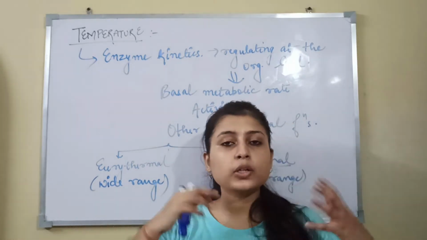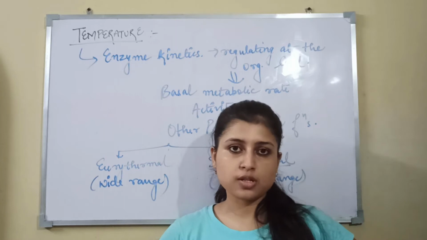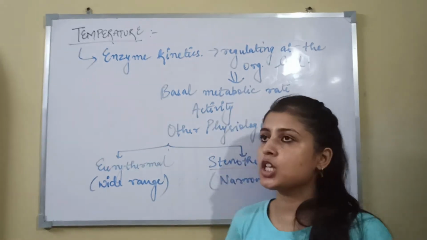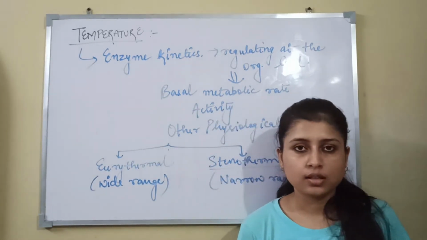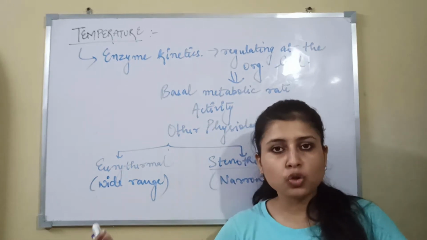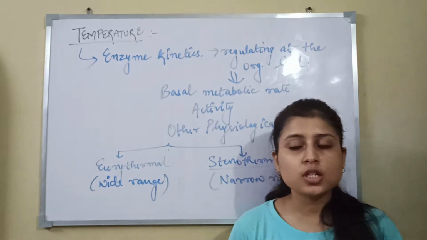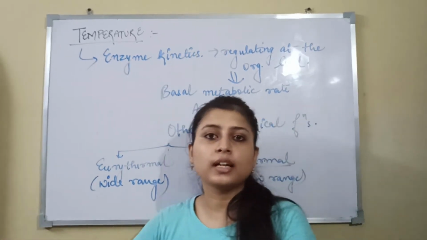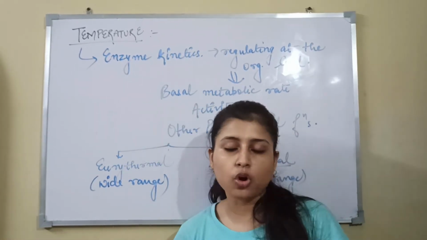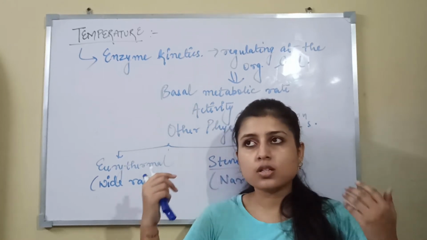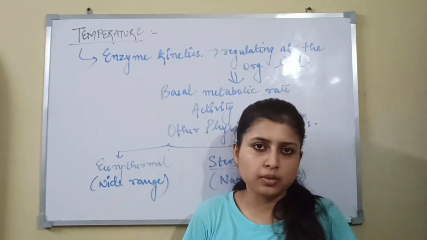That means we can tolerate such a wide range of variations. But some organisms like many fishes and reptiles can't. So they migrate. You must have heard that many fishes move to different areas when seasons change, because those conditions are not favorable to them.